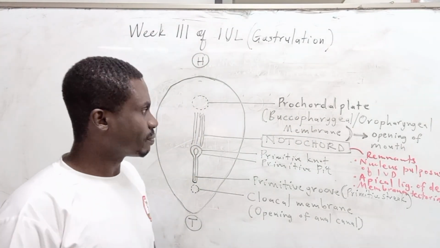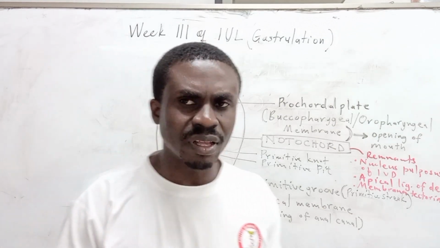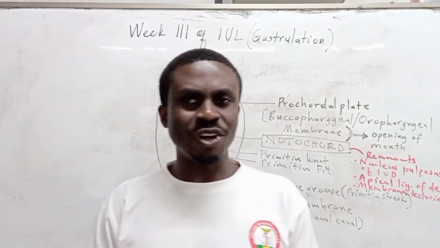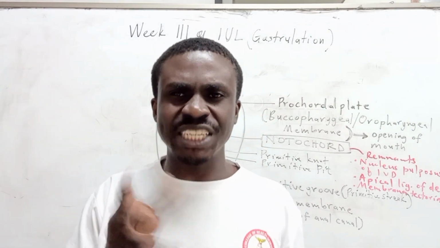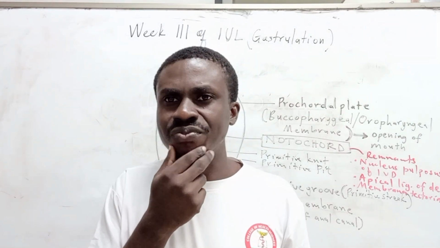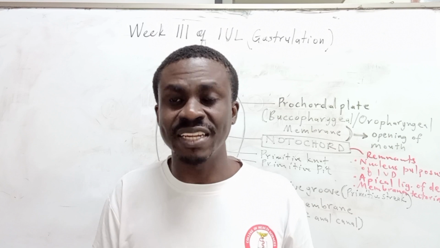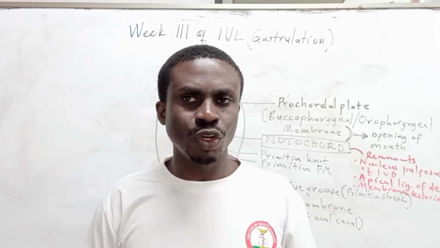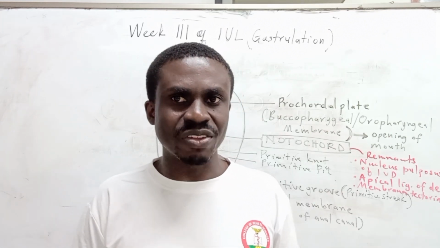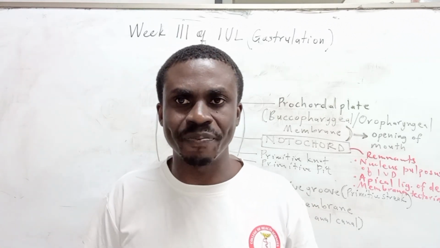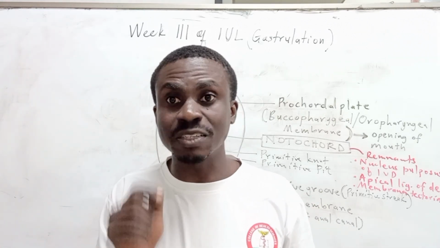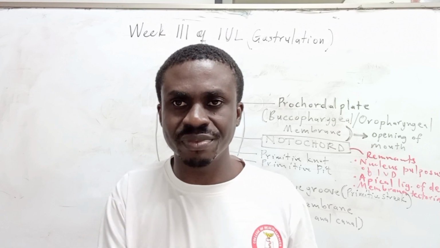One more thing. We are talking about the remnants. Some people have a genetic mutation in their system, so that the remnants, instead of forming these normal things, give rise to something abnormal. And my friends, that one is malignant. It is cancerous.